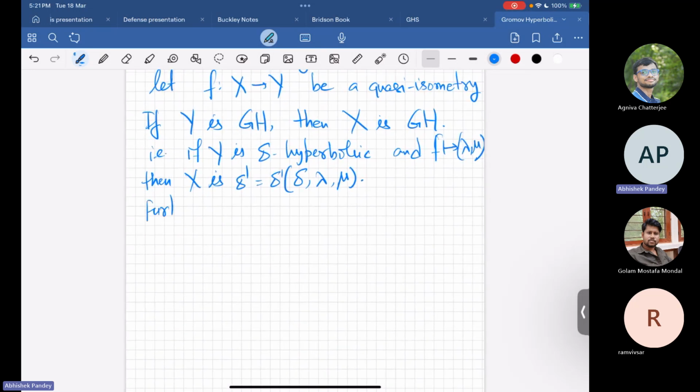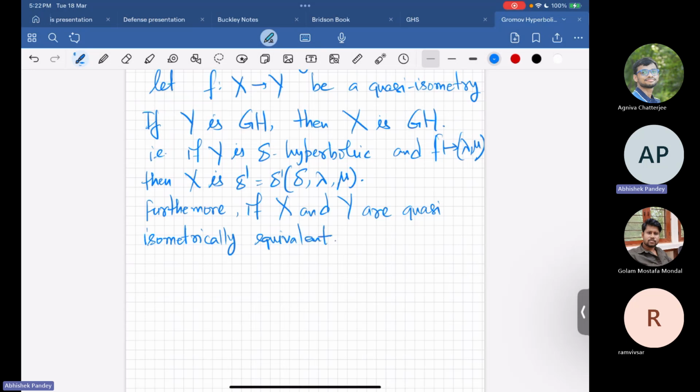Furthermore, if x and y are quasi-isometrically equivalent, then x is Gromov hyperbolic if and only if y is Gromov hyperbolic.